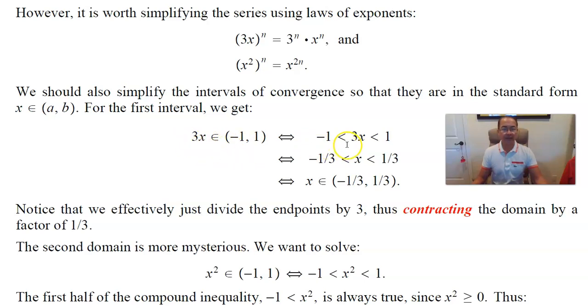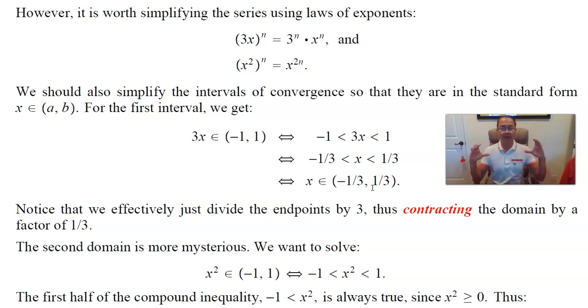This means that 3x has to be between -1 and +1. Divide all parts by 3, x must be between -1/3 and 1/3, excluding both endpoints. So this is the effective domain or interval of convergence for that first example.